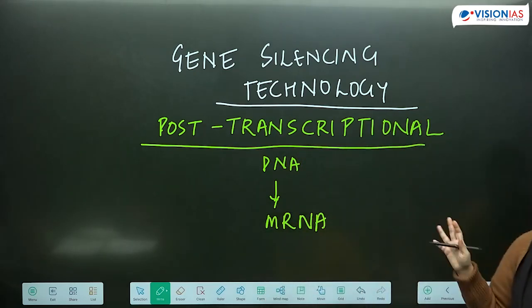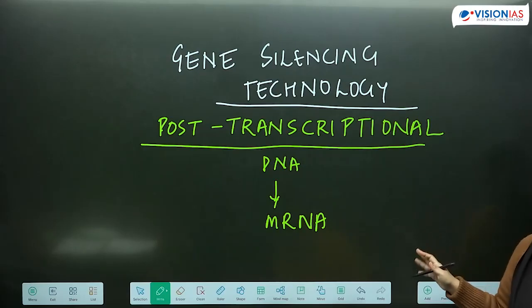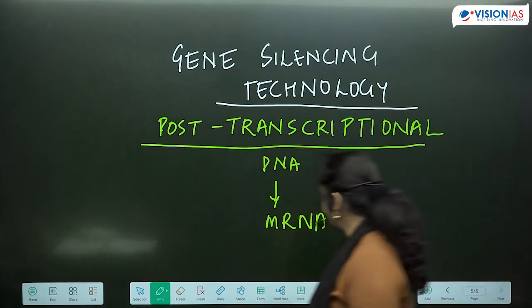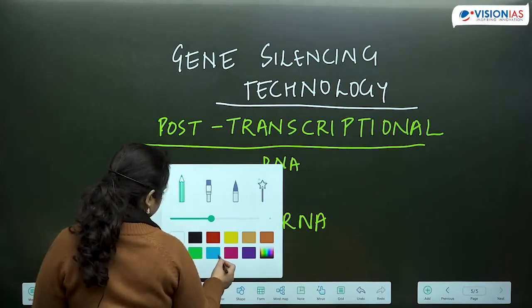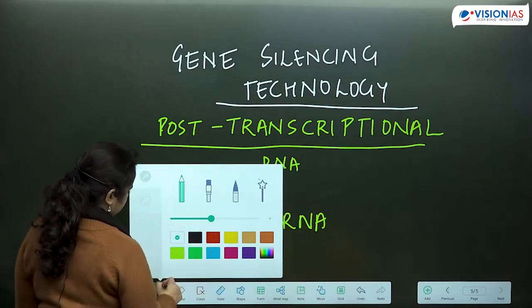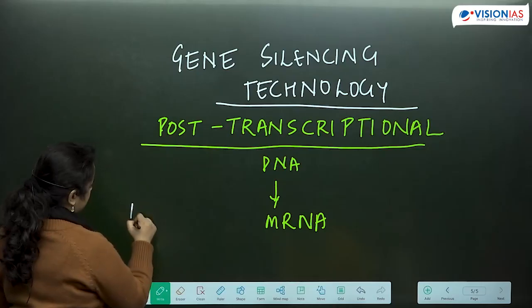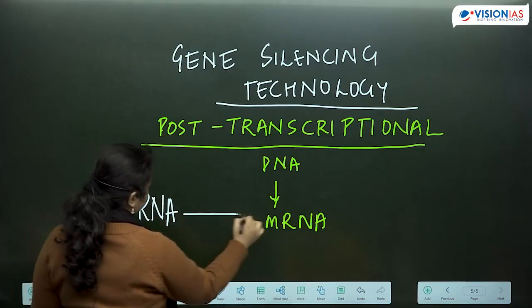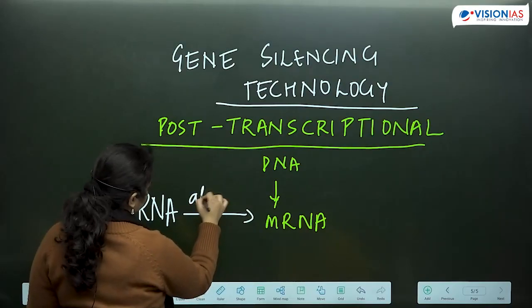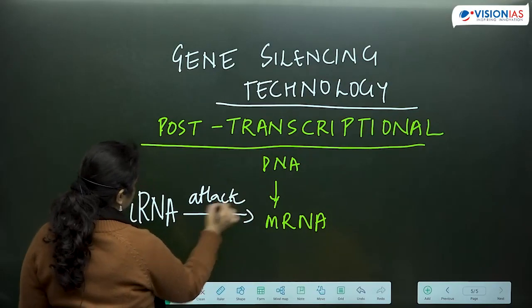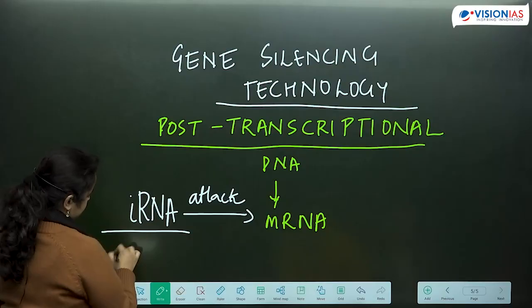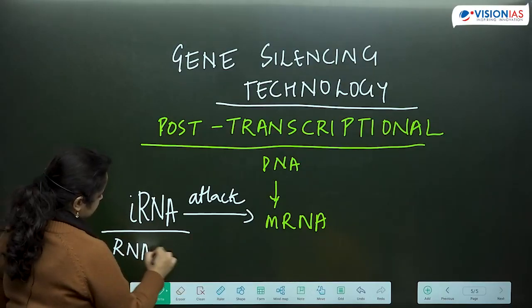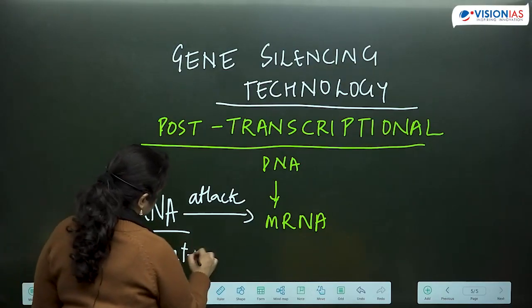That means transcription has taken place and now you're going to do some intervention. This intervention is done through presence of a special type of RNA called iRNA. This iRNA, or its full name is RNA interference.